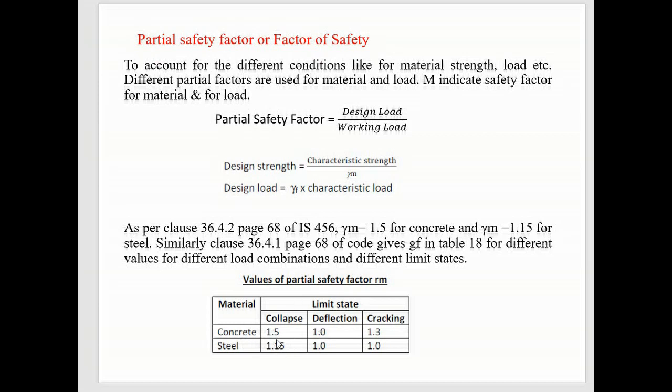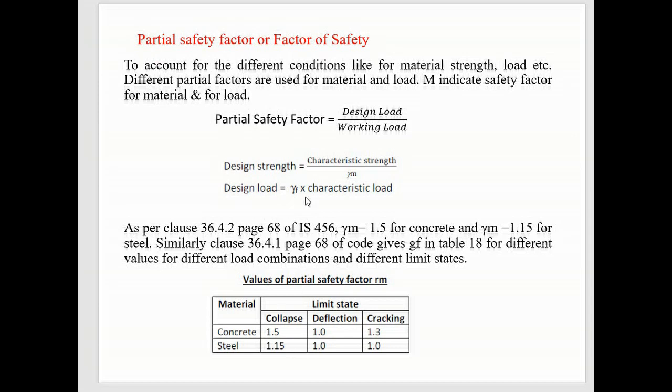This table is important. Under that, the main thing is for concrete the factor of safety is 1.5 and for steel it is 1.15. So always keep these two values in mind. Anywhere they ask what is the factor of safety for concrete, you should remember this value as 1.5. For steel it is 1.15.